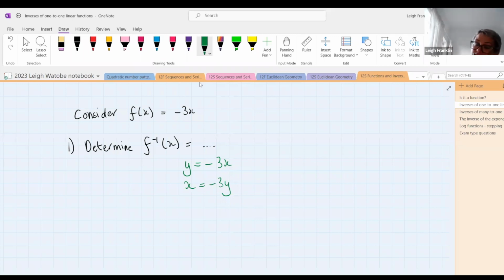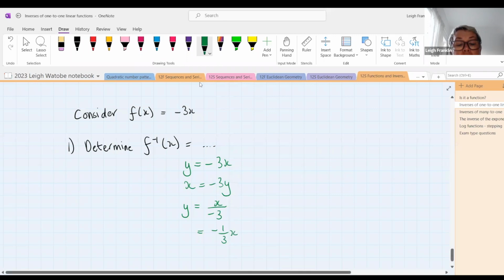A function has to be defined in terms of y, so I need to make y the subject of the formula. So I'm going to divide by -3 on both sides. So in other words, y is going to be x over -3. Now, a better way for me to write that is as minus 1 over 3x.